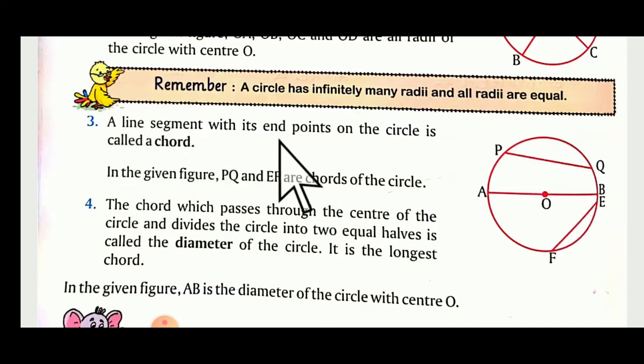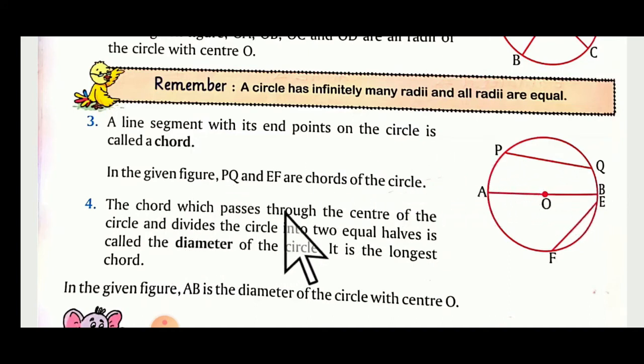A line segment with its end points on the circle is called a chord. Where is the chord? See, in this PQ and EF, wherever you can draw the line segment on the end of the circle, not in the middle or in between. Properly at the end of the circle, if you join the line, that is called a chord.